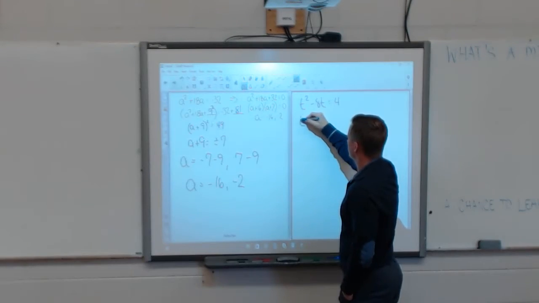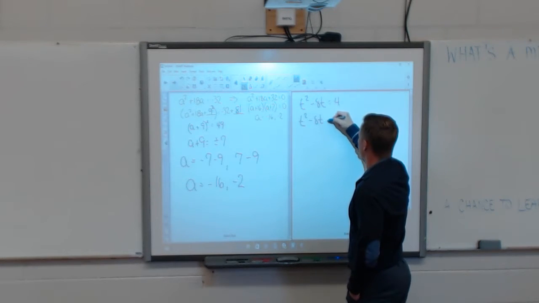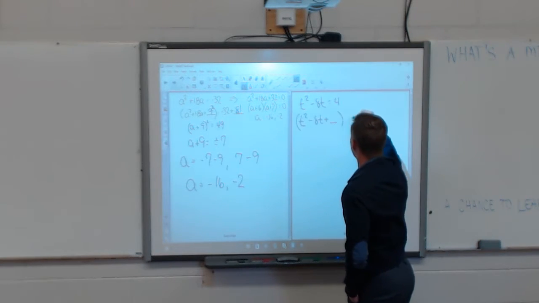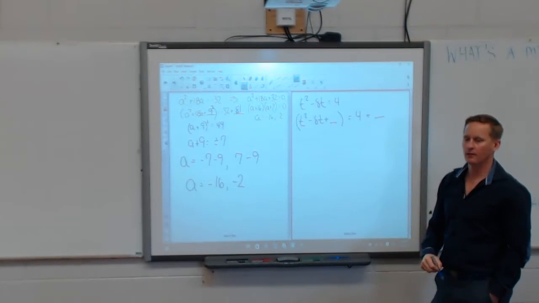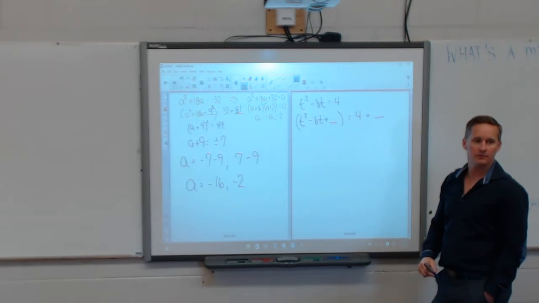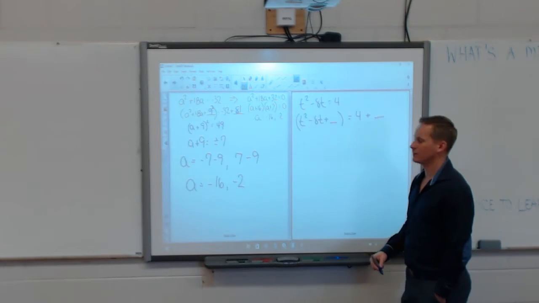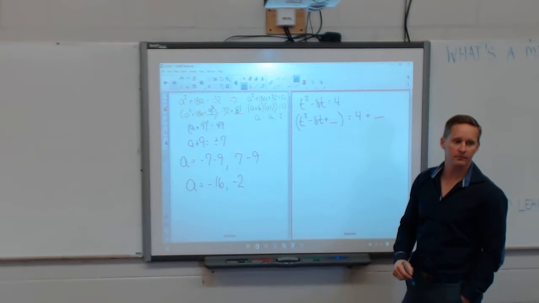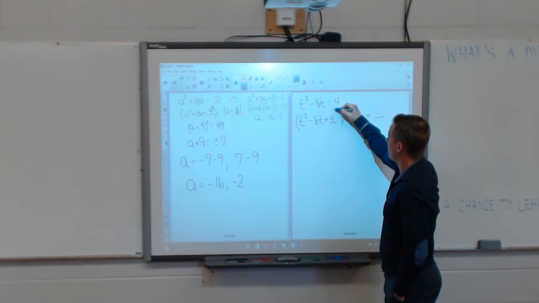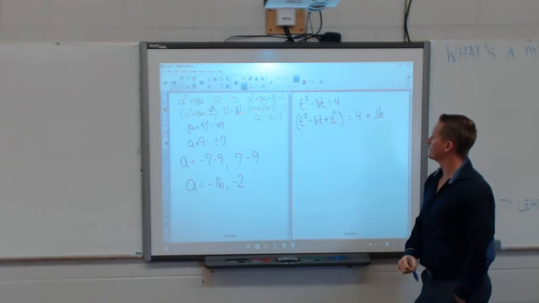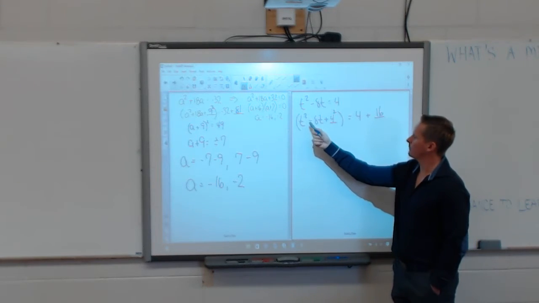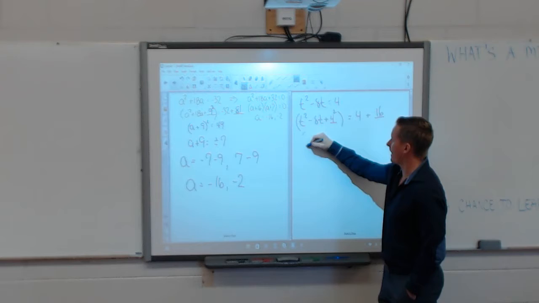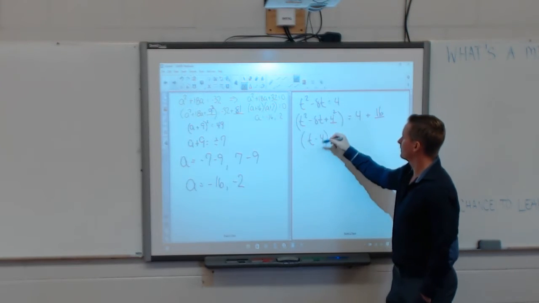So again, t squared minus 8t plus a blank equals 4, add a blank. What goes in my blank? What is it? It's never a negative. Talked about that yesterday. Always that. Okay? Because if it's a perfect trinomial, this is a subtract, which you're going to see. So I have t minus 4 squared.